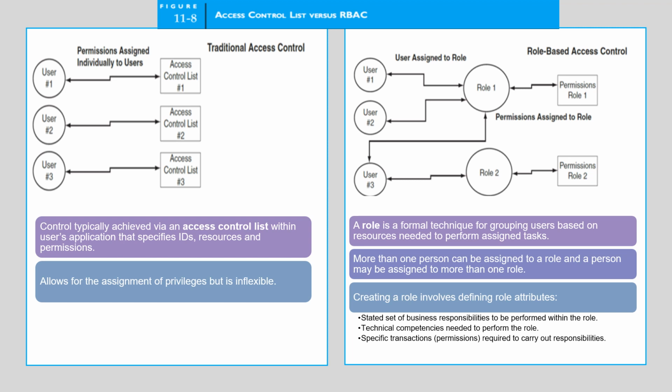So I'm not going to discuss in detail, but what we need to understand is that the traditional access control, we create a list of roles, a list of access, what they can access.